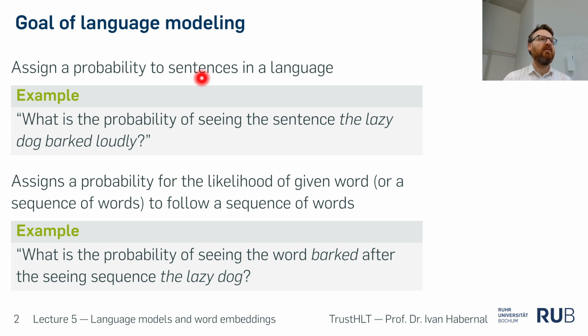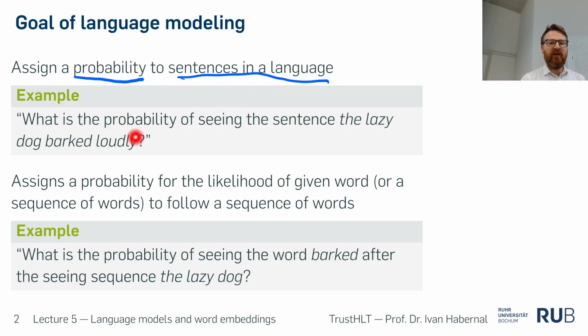So let's model language as something we can assign probabilities to, and we can reason about how probable something is versus how probable something else is in language. The language model's main task is basically to assign a probability value to sentences in a language. This is a very generic definition of a language model.